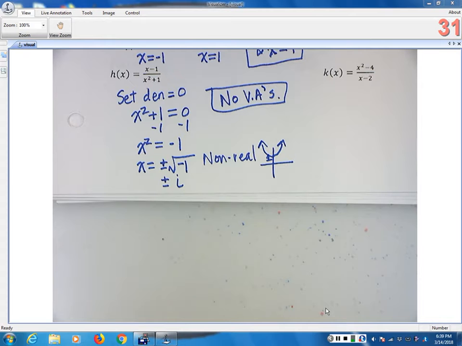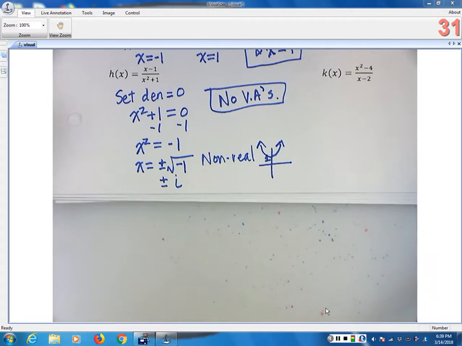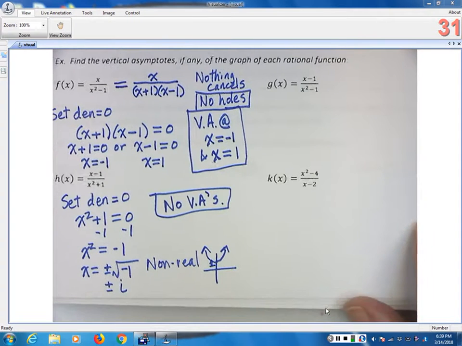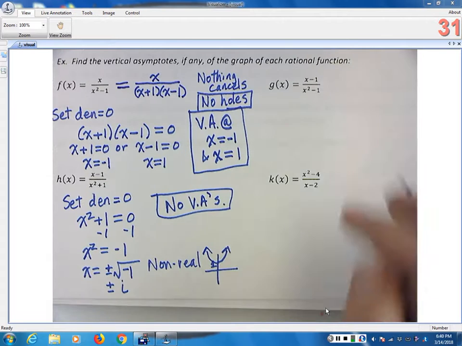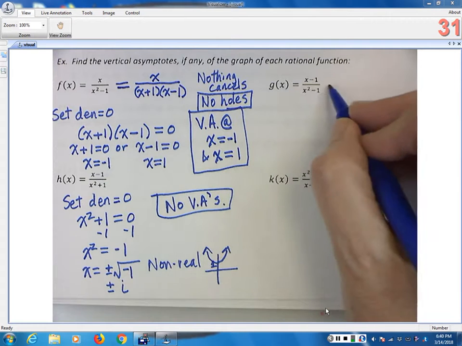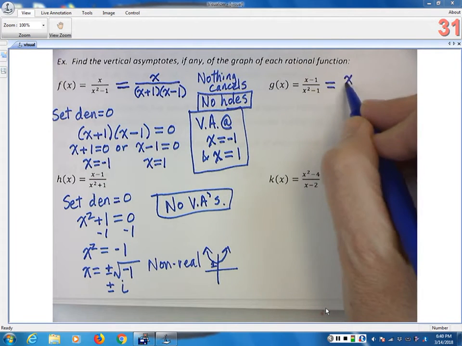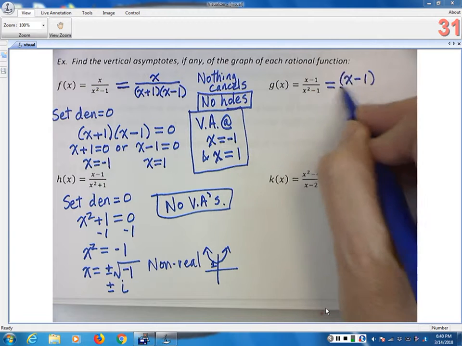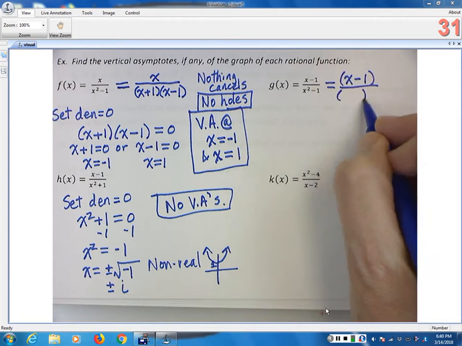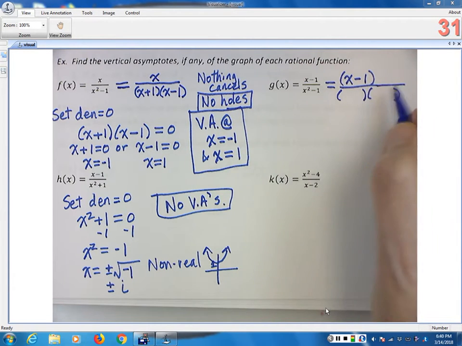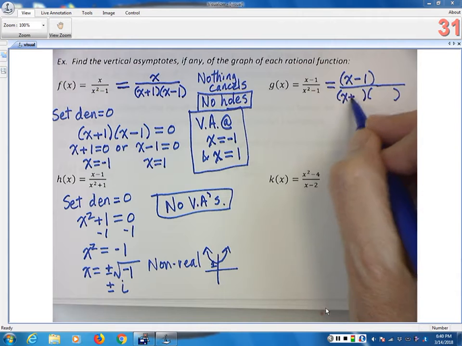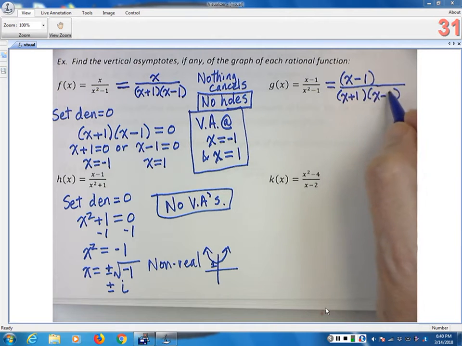Okay. All right, let's do the next one. Example, if you're ready. Okay, so all right, the denominator factors, and it's a difference of perfect squares. So it factors into x plus 1 and x minus 1.